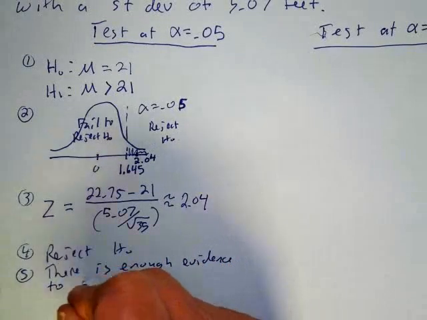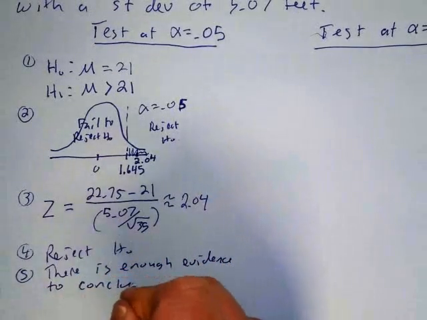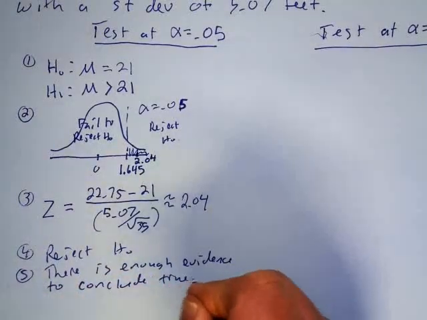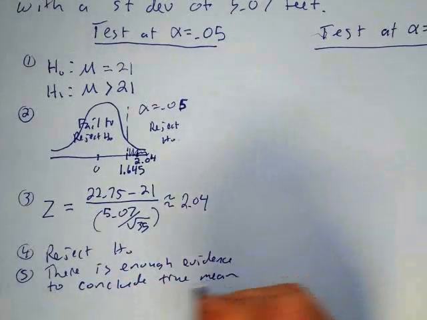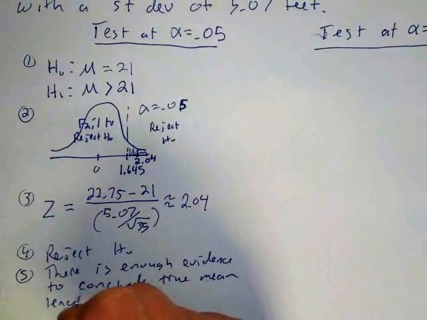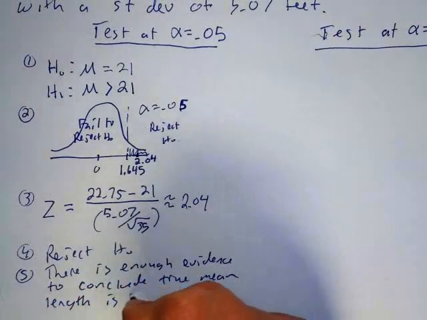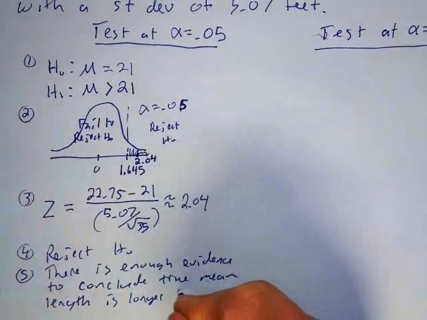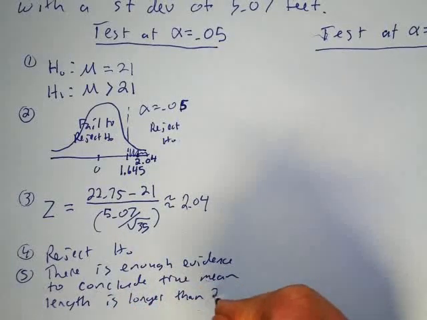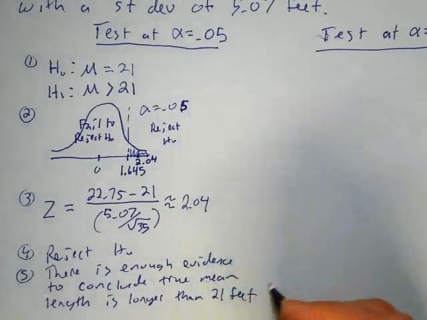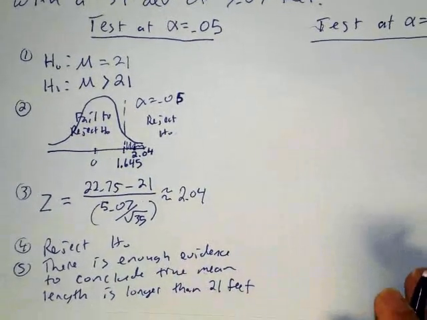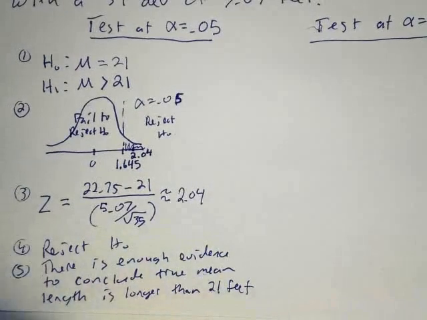This means there's enough evidence to conclude that the true mean length of the sharks off the coast of Bermuda is longer than 21 feet.